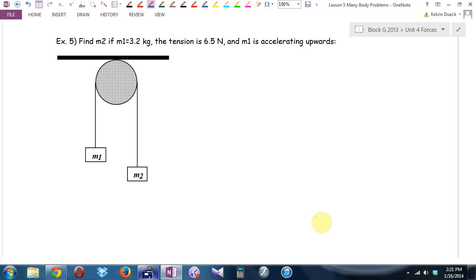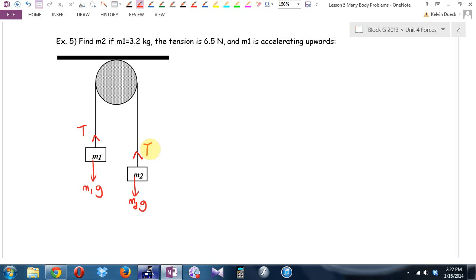What are the forces acting on mass 1? Get the obvious one. I think so. Tension. M2G. Tension. Oh!